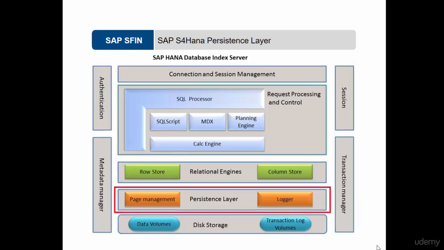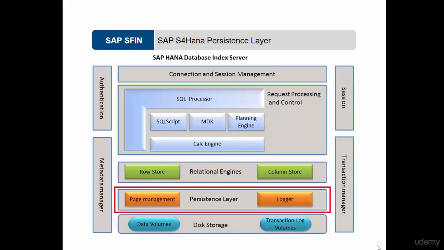The persistence layer is responsible for durability and atomicity of transactions. This layer ensures that the database is restored to the most recent committed state after a restart and that transactions are either completely executed or completely undone. To achieve this goal in an efficient way, the persistence layer uses a combination of write-ahead logs, shadow paging, and save points.